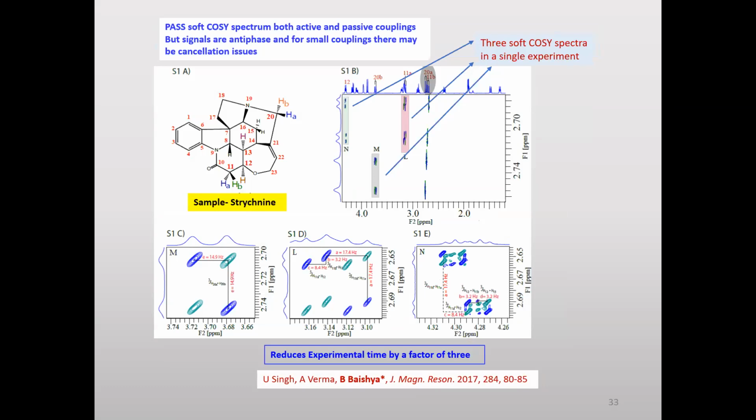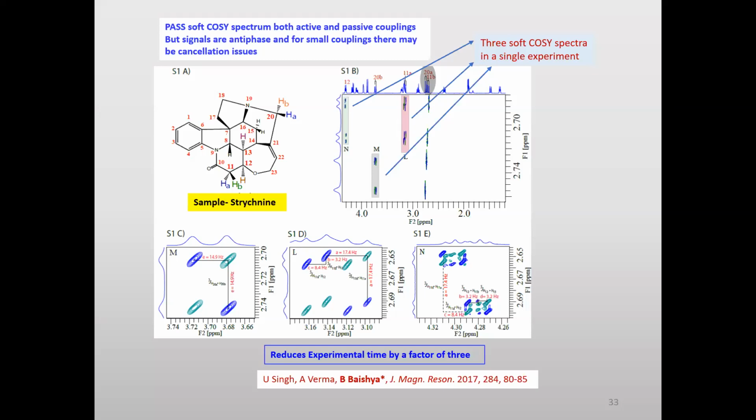Each of these soft COSY spectra is shown expanded in the bottom portions of this figure, and there are reduced multiplets, similar to the soft COSY spectra. So we can extract both active as well as passive coupling information from this kind of spectra, and the procedure can be parallelized, which leads to a reduction in experimental time.